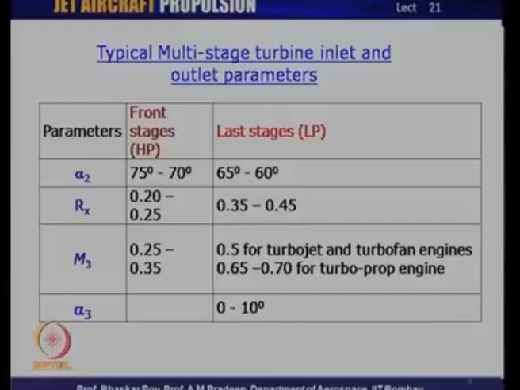And what we see here is that in the HP turbines, the front stages, the alpha 2 values can be very high, because that is where we are looking at very high velocity, choked flow, fully choked flow condition, as we have just seen, and the flow has gone completely sonic, maybe slightly supersonic.